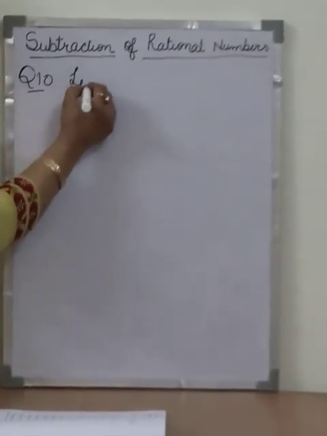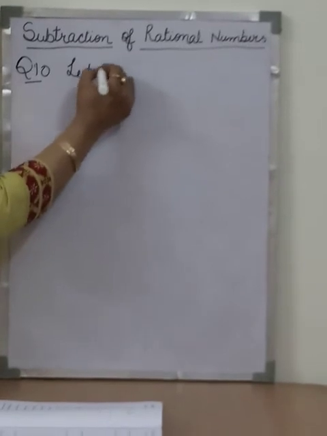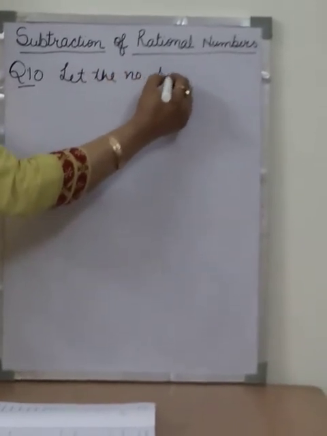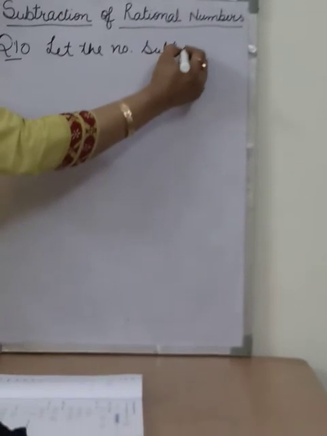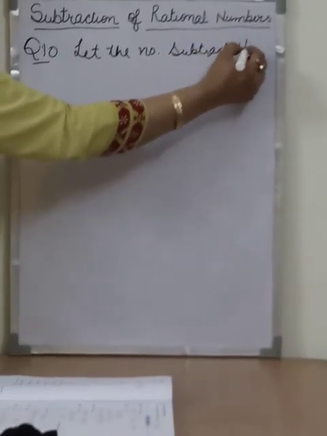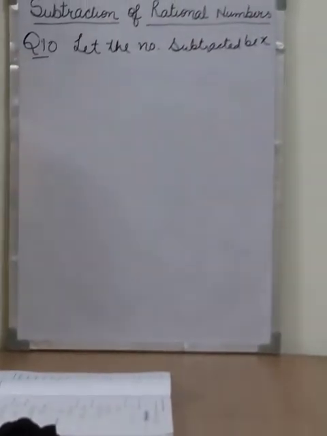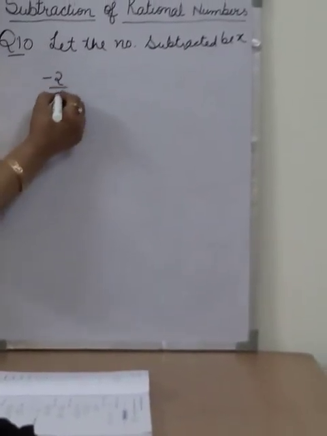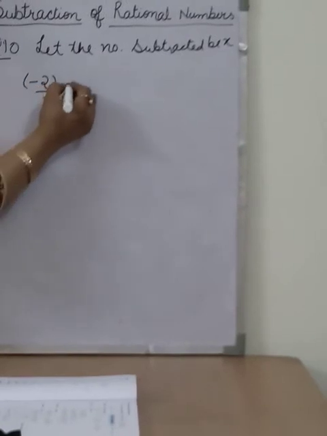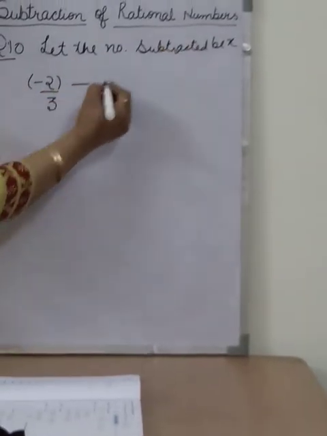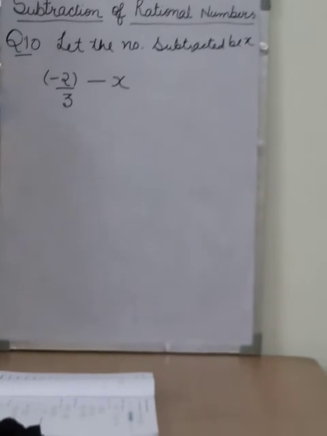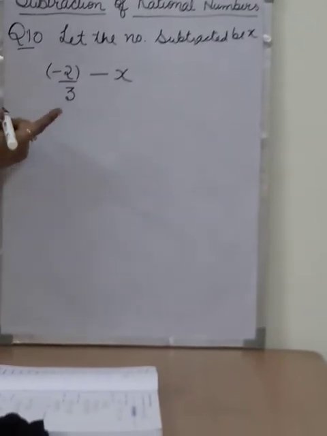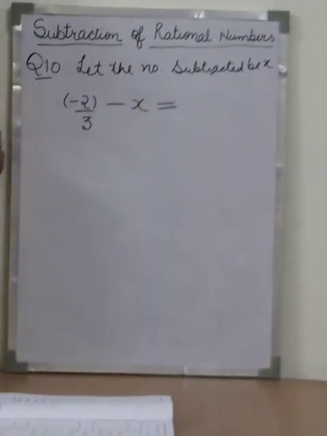So let the number subtracted be x. I told you, first we write the from part, then we write the subtracted part. So from minus 2 by 3. So I write minus 2 by 3 firstly. Then subtracted, what we are subtracting? x. To get, the moment they say to get, that means it is equal to 1.